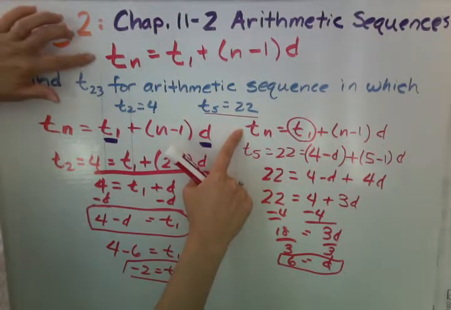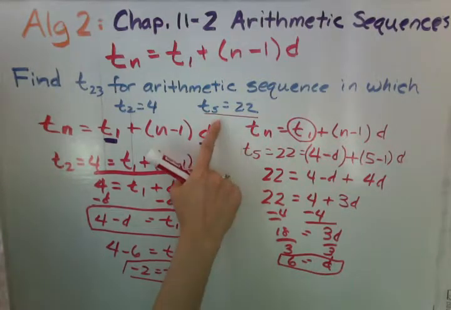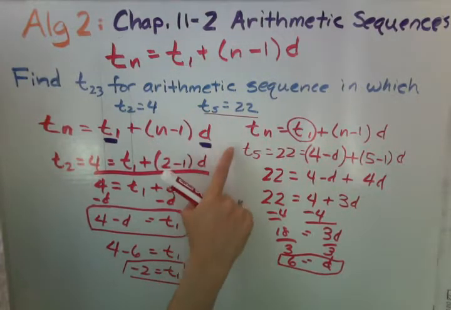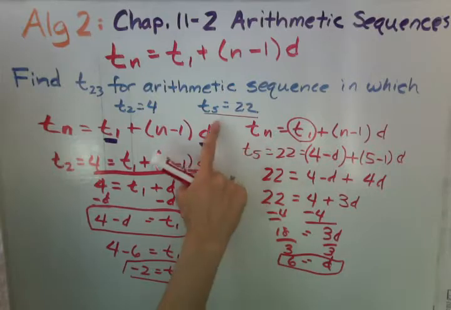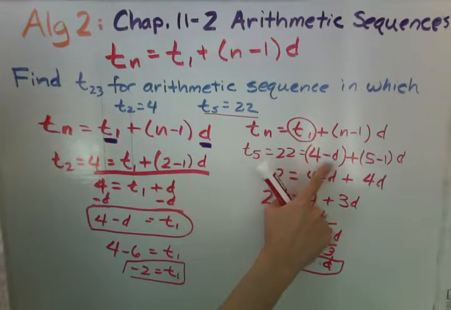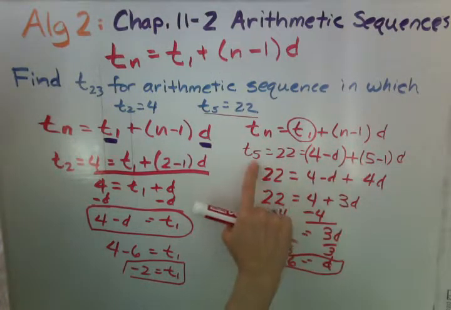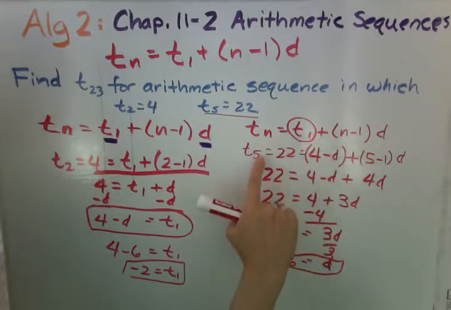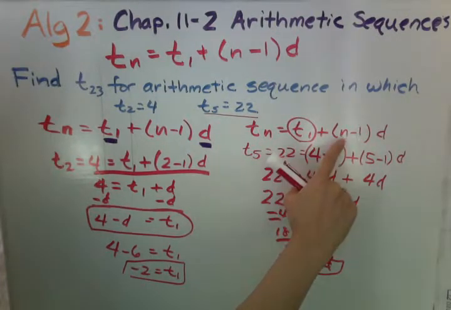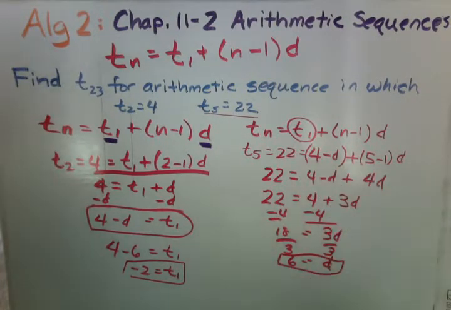This is what I call a generic equation, and we can use the fifth term, T5, which is equal to 22, given, equals the first term, which we substituted, T1, plus 5. 5 is because it's the fifth term. Wherever this is n here, minus 1 times d.